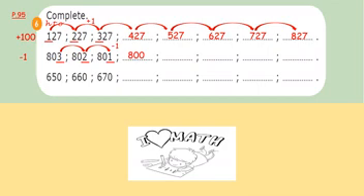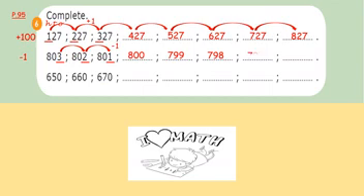So the number that comes just before 800 is 799. Don't forget, I move backwards by 1 step. Now, move back also by 1 step, 798. I subtract 1 from the ones digit.